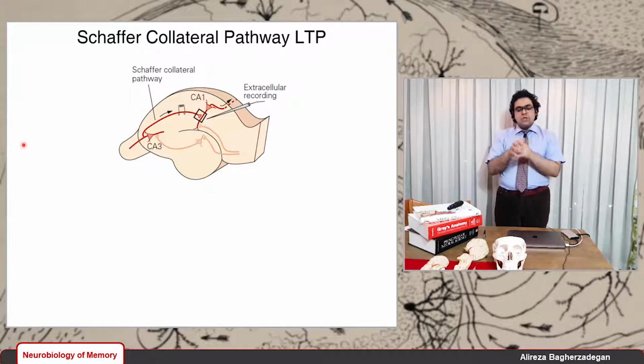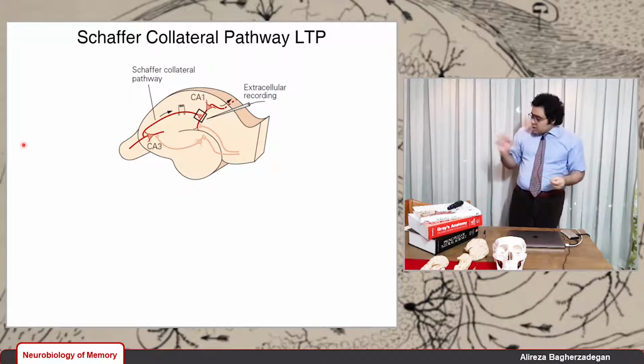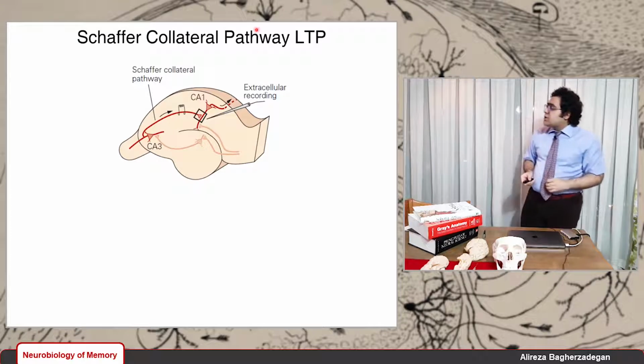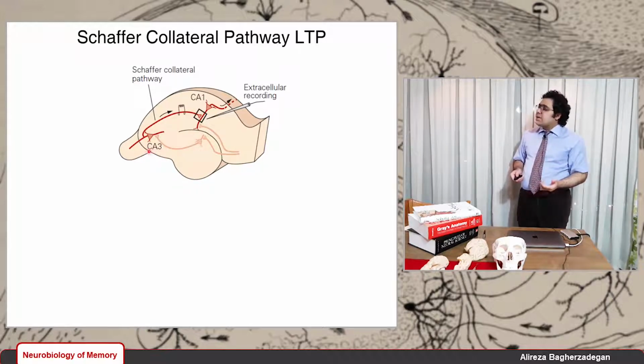Sometimes in some synapses, the contribution of, for example, the postsynaptic neuron is much more than the contribution of the presynaptic neuron. Sometimes the opposite happens. So now let's talk about the potentiation, or the strengthening, of a synapse in the Schaffer collateral pathway. Well, we know that the Schaffer collateral pathway is a pathway from the CA3 pyramidal cells. They send their axonal collaterals to the proximal dendrites of CA1 pyramidal cells.